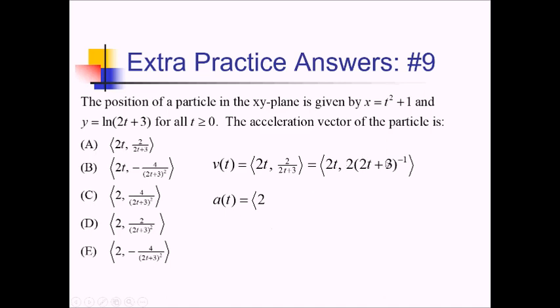And for this next one, we've got negative 2 times 2t plus 3 to the negative 2 times a tail of 2. We have a chain rule going on there. And then simplifying this second one here, this is going to be negative 4 over 2t plus 3 squared. And the only reason I bothered simplifying it was because I have to match an answer choice. And now that I've done that, I can match this with the answer choice E.